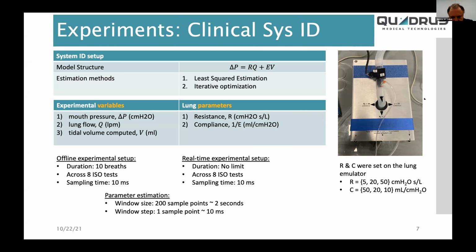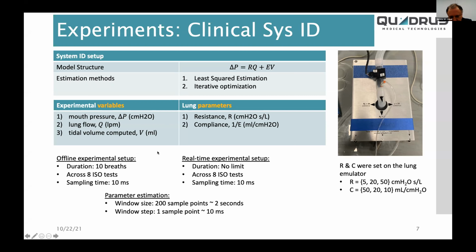On the right here, you can see that for the clinical system identification experiments we performed, we used a lung emulator. The lung emulator has different resistances and compliances, with resistance varying from 5 to 50 and compliance ranging from 50 to 10, which is most compliant to least compliant, or least stiff to most stiff.